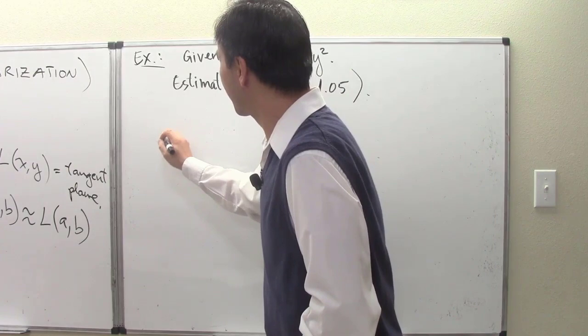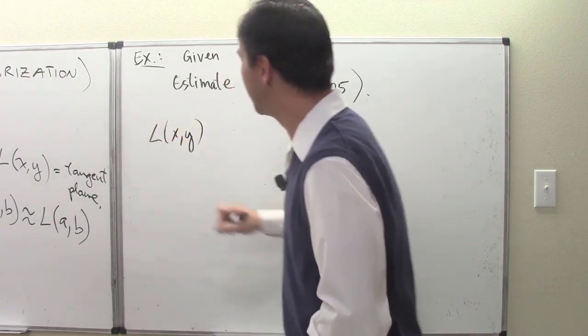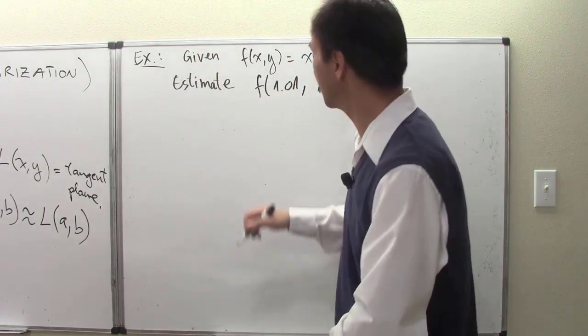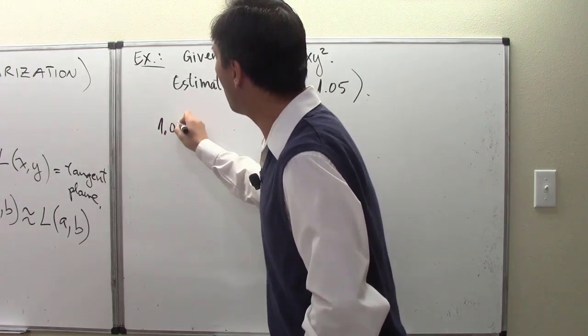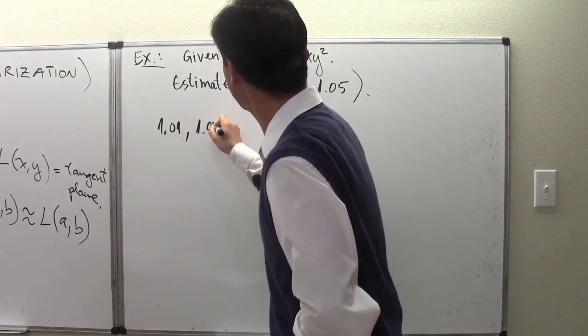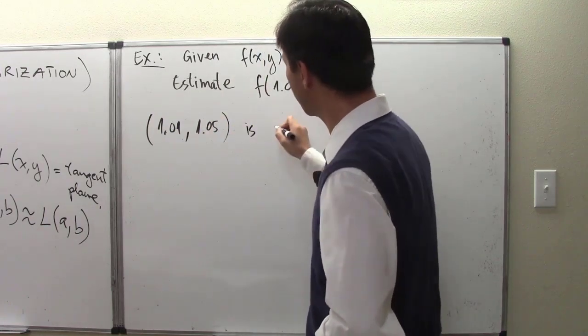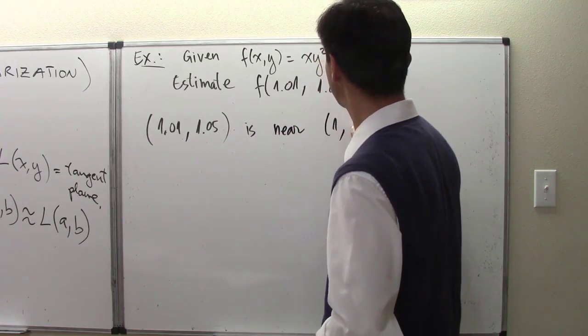So now I'm going to first come up with my linear tangent point. And I apologize, I'm a little rushed here, but first of all, 1.01, 1.05 right here, I can easily recognize that this point is near 1, 1.